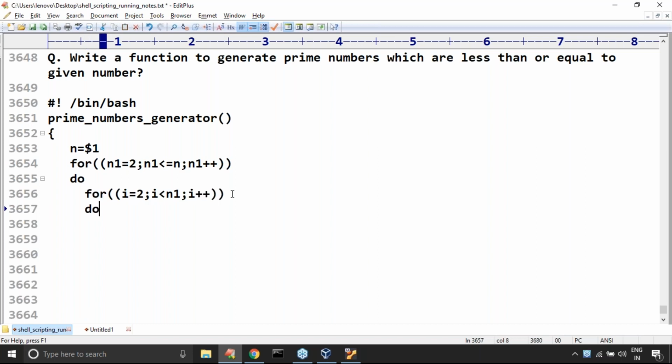Here I assume that at the beginning it is a prime number: is_prime equals yes. Now, do you have any factor from 2 to n minus 1?